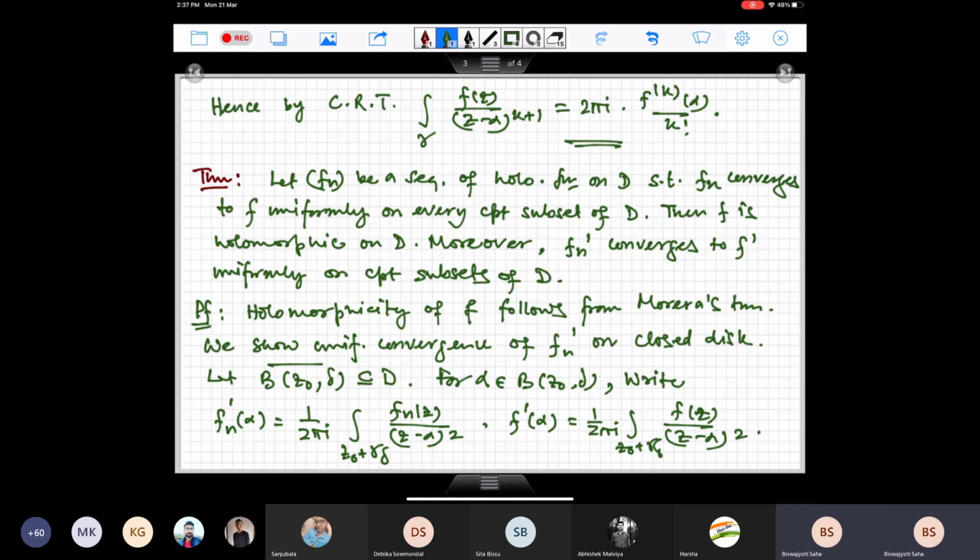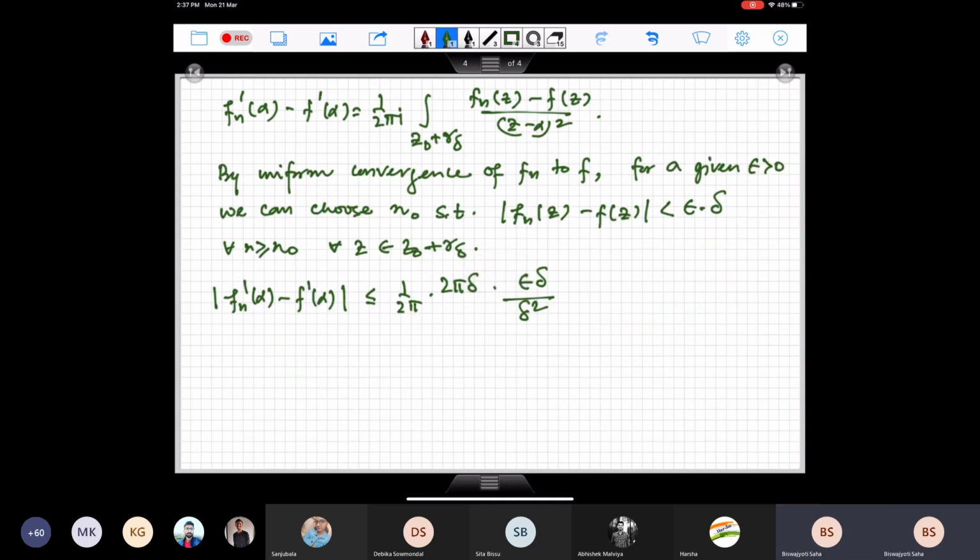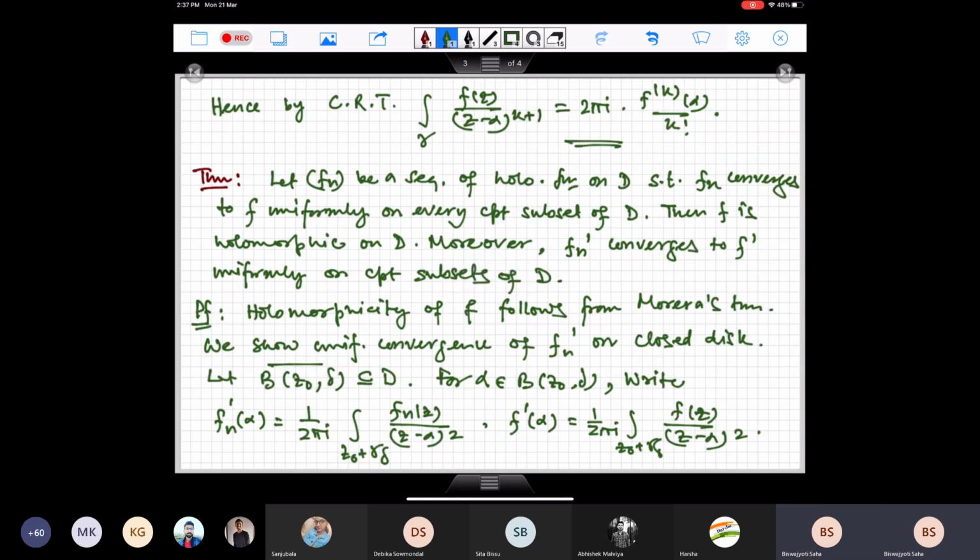Alpha is inside the ball, and I take any point from those points. No, here I have done some mistake.